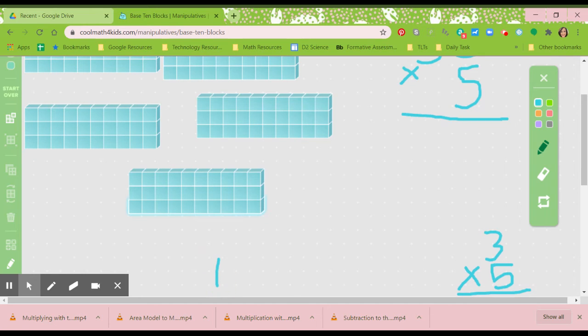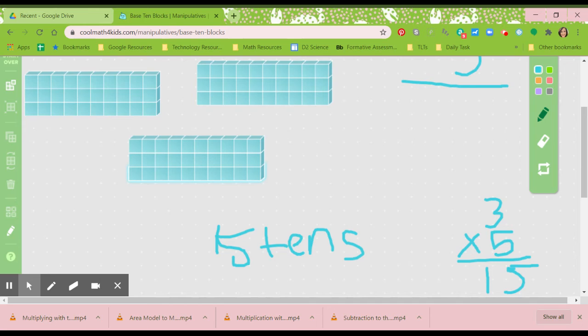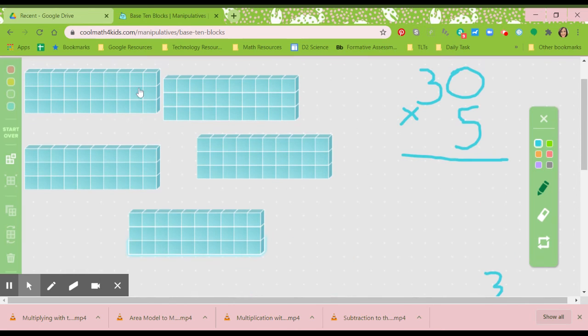We'll write this down here. I have 15 tens. Okay. I notice there are 15 tens. I know that 3 times 5 is 15. So what are 15 tens? If I count 15 tens by tens, what will that come up to be?